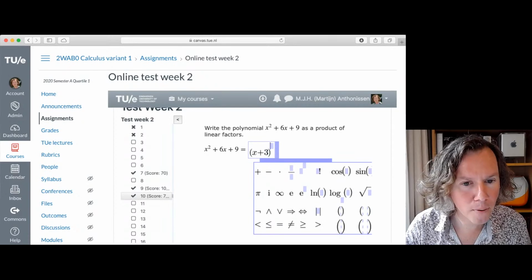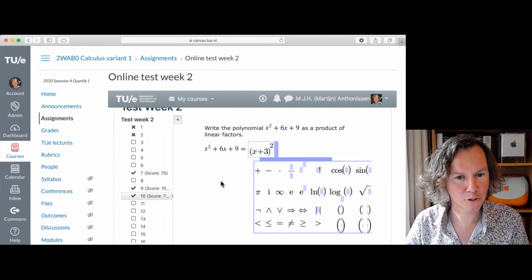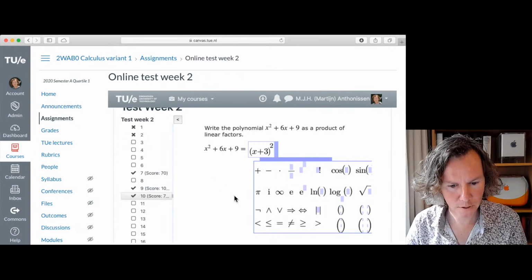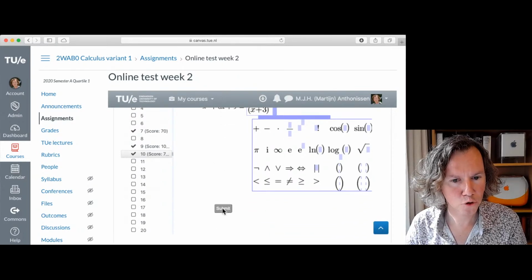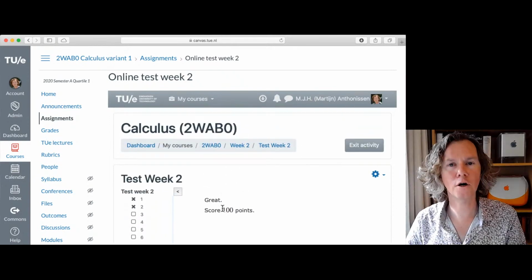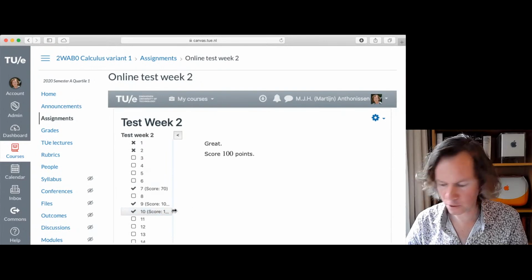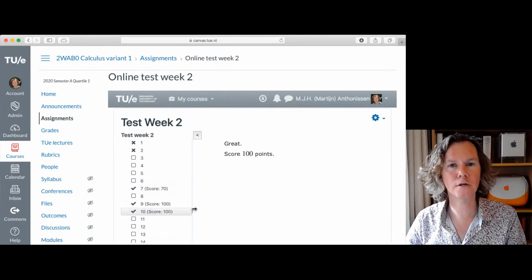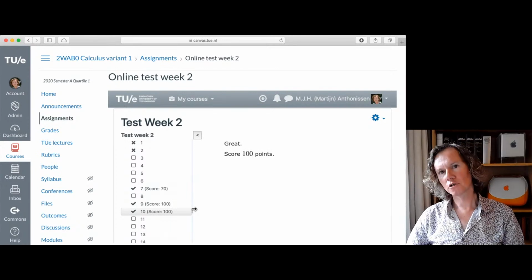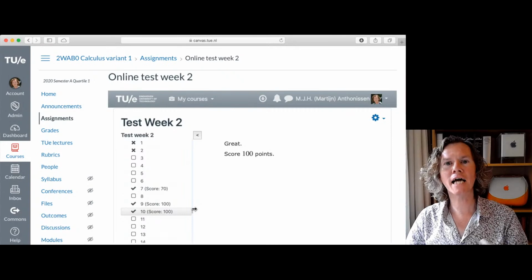And then I go up to the power 2. Now let's submit this. Submit. And great, 100 points. So now you see that also here, if I make this a little bit wider, you see that I now have 100 points. So for the online tests, you can score 100%, just ask for a new question.